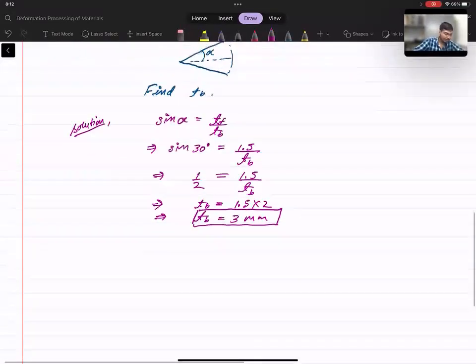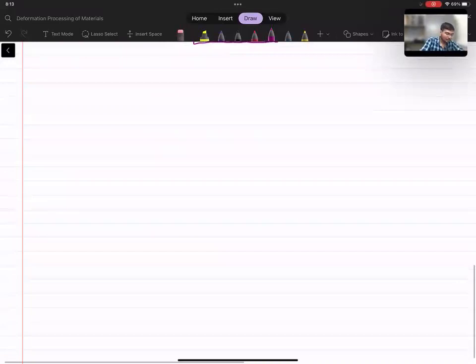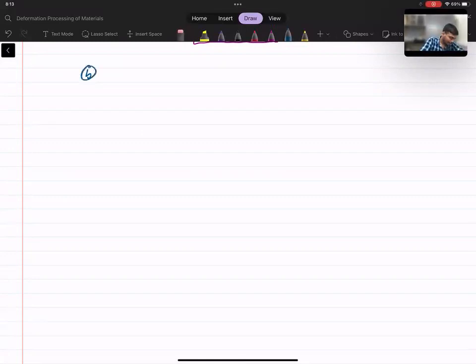Similarly, let us see the second part of the numerical, where we are given the initial blank thickness and the true strains that will be developed at the two ends of the blank. Now we need to find the final thickness which will be achieved in this forming process. Here we are given TB as 1.5 mm.